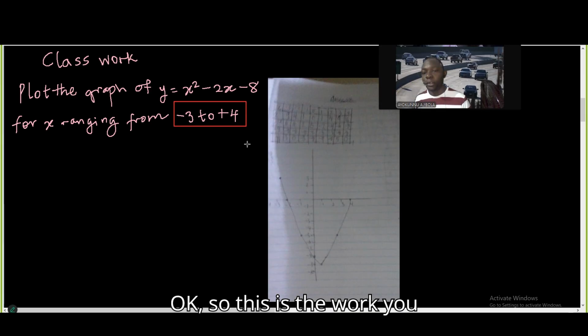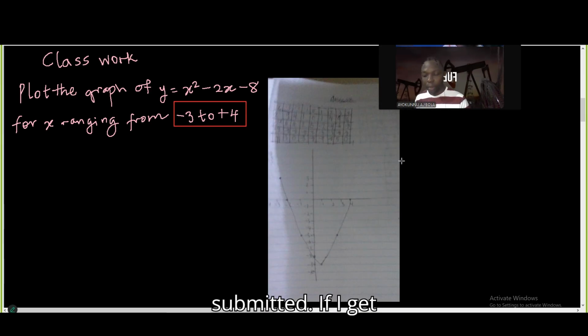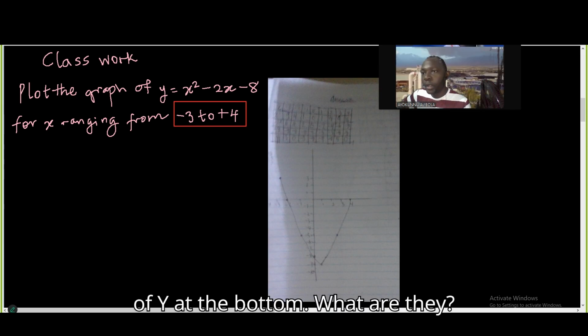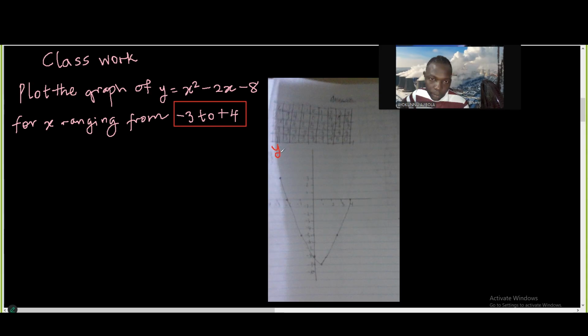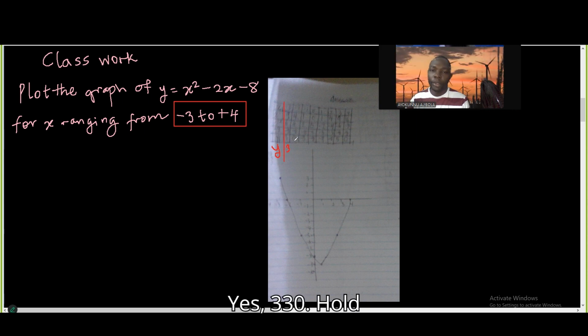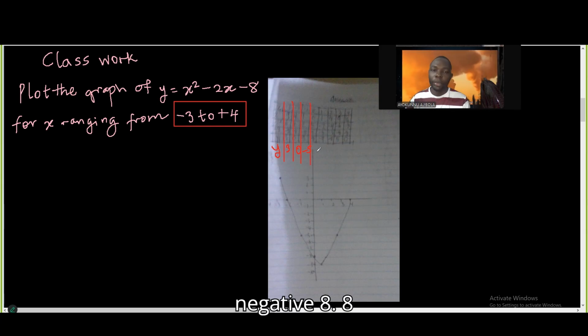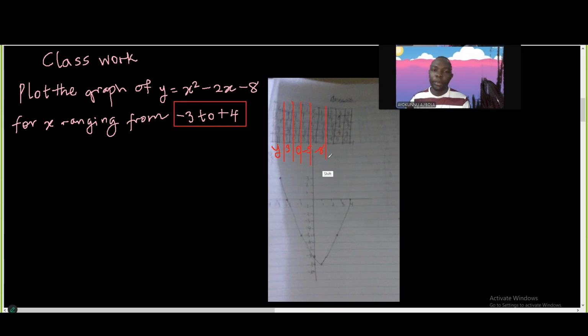Okay. So this is the work you submitted. If I get it right, these are your values of y at the bottom. What are they? 3, right? Yes, 3. 0. Negative 5. Negative 8. Negative 9.